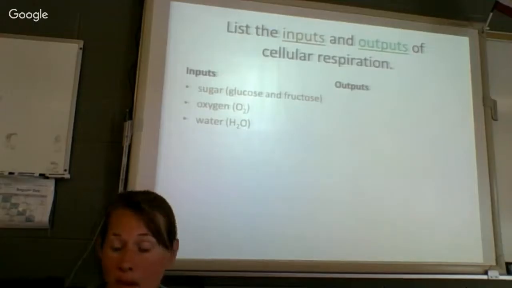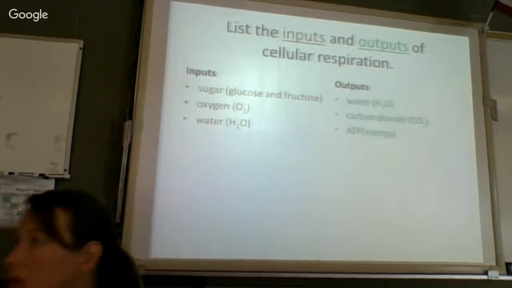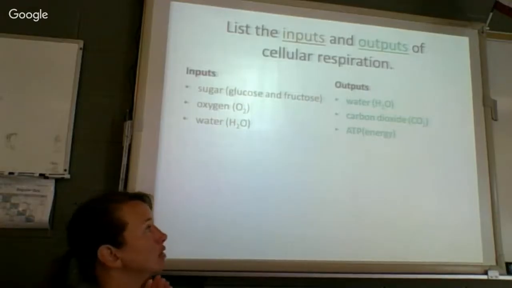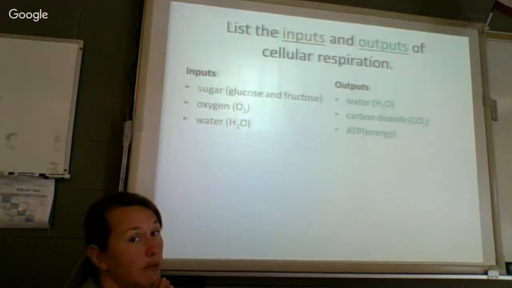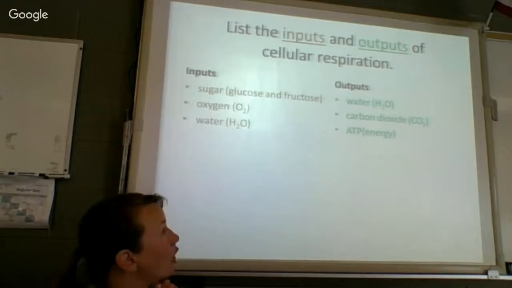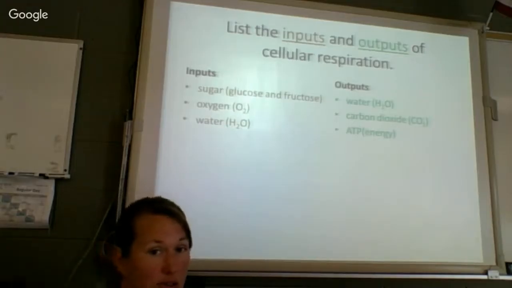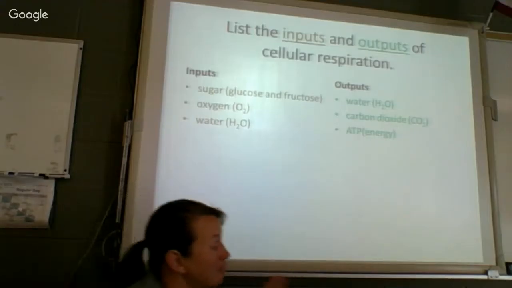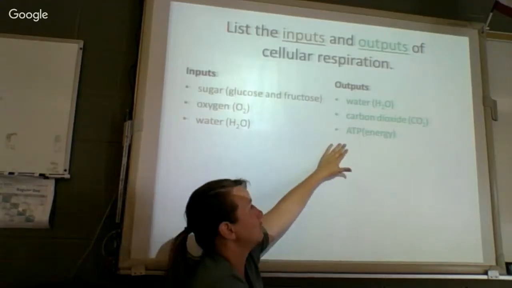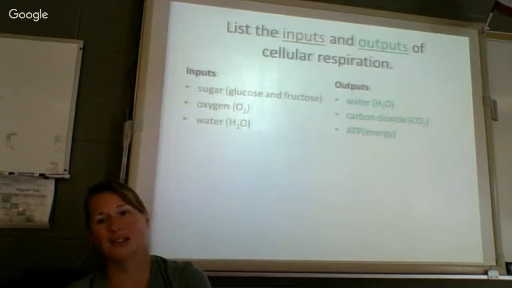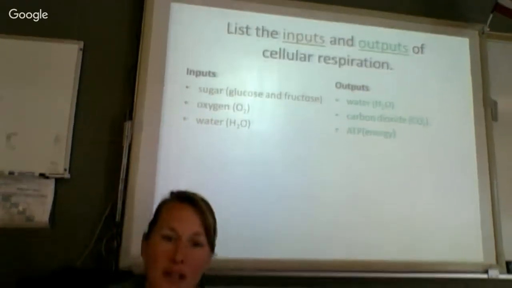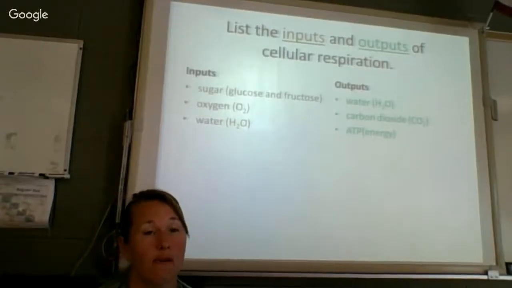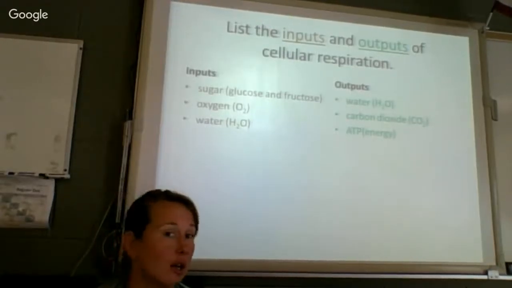Our outputs are going to be water, H2O, which is one of the inputs of photosynthesis, carbon dioxide, which is also one of the inputs of photosynthesis. And then here's the one that's a little different. Instead of sunlight, we have something called ATP energy. ATP energy is the energy that fuels growth and fuels energy in the world.